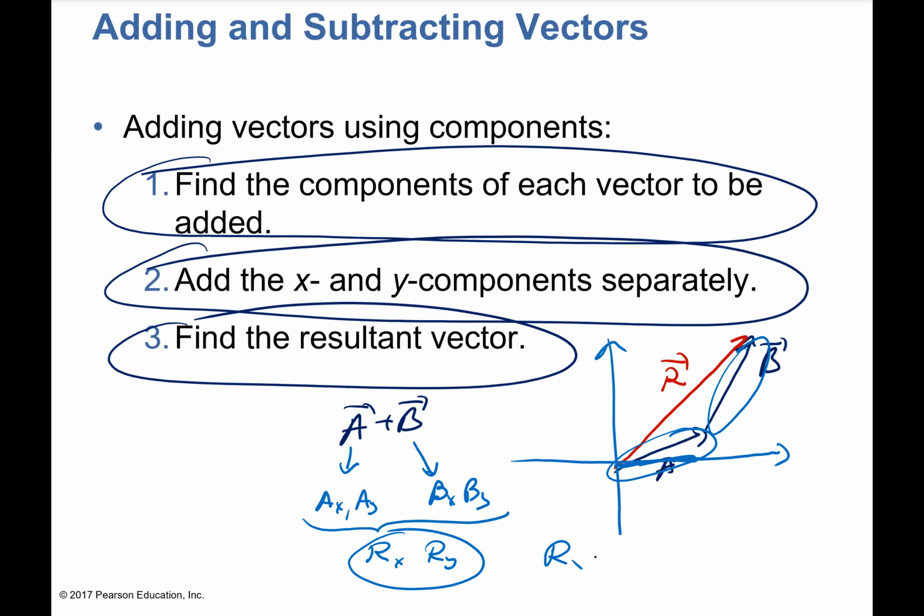Because I can find the x component of a resultant by adding the x component of each vector, and the y component by adding the y component of each vector. Then I can find the components. And you already know how to find the magnitude and the direction of a vector if you have its components, right? That's basically what I did in the last two examples.